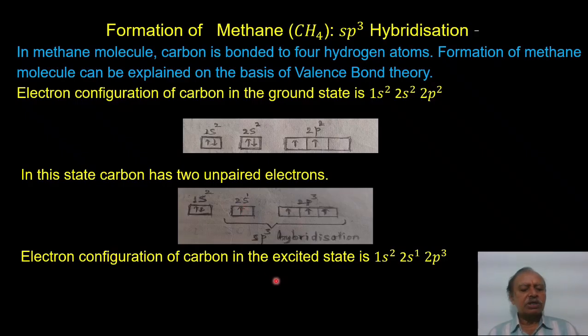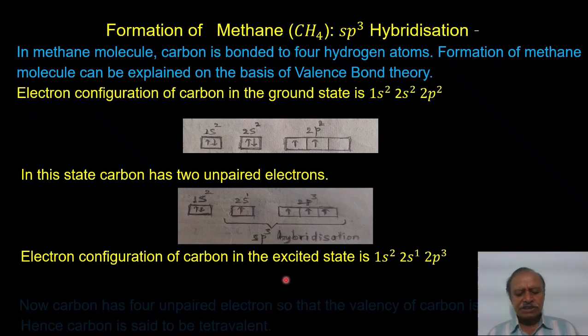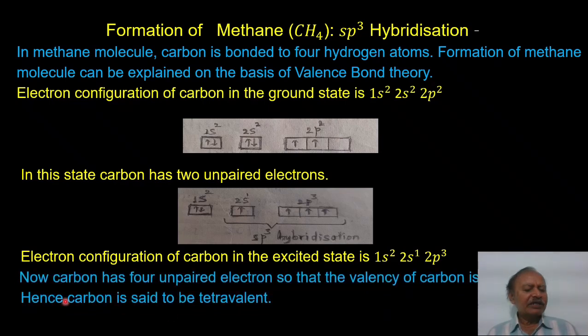This is the electronic configuration of carbon in the excited state, 1s2, 2s1, 2p3. Because of the presence of four unpaired electrons, the valency of carbon is 4, and it is said to be tetravalent.